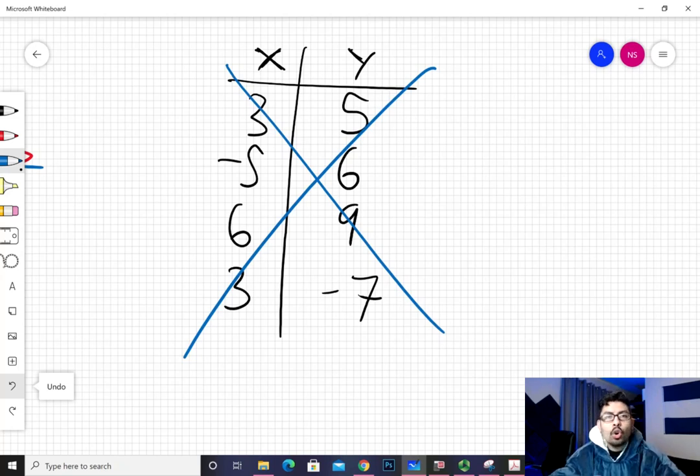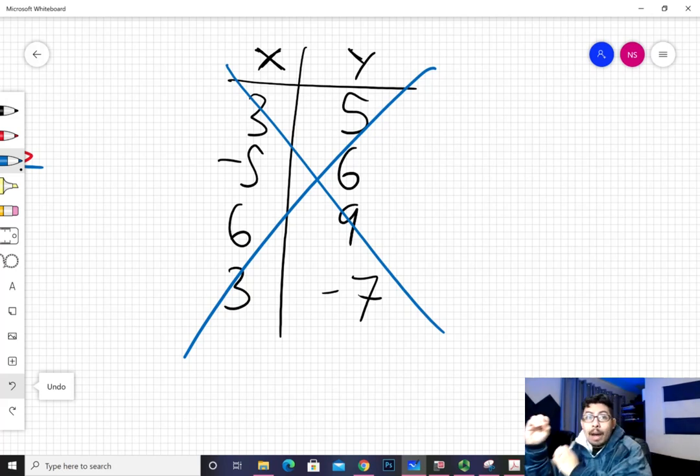That is the rule. You're just always looking at the x-axis, and if you need to determine whether it's a function or not, you're just seeing if you see any repeated numbers on the x-axis. If there are no repeated numbers, easy peasy, it's a function. If you do see repeated numbers, you're just hoping and wishing that those numbers have the same output. I say output, that's just the same number on the y side.